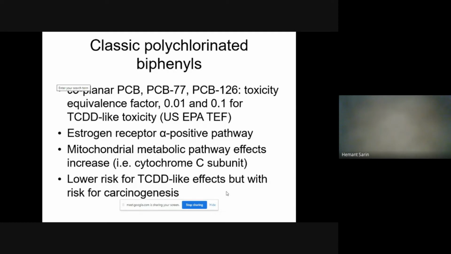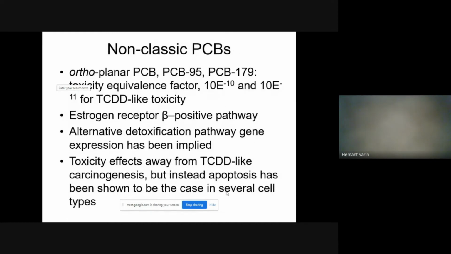As far as one pathway that's overexpressed, these are lower risk for TCDD-like effects, but have other effects. This is what has been shown in recent work in the research that I'm presenting, and this compares to what I'm calling here non-classic PCBs.